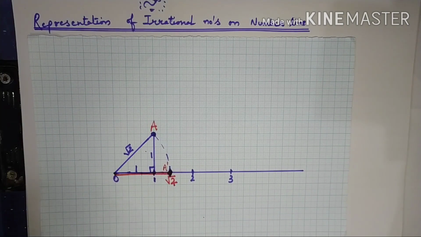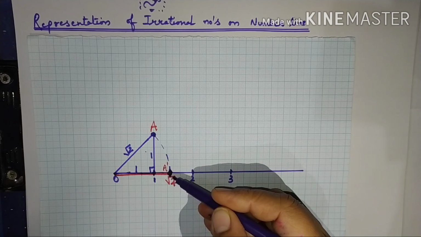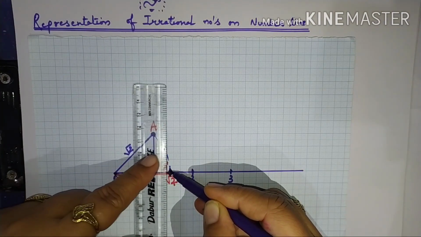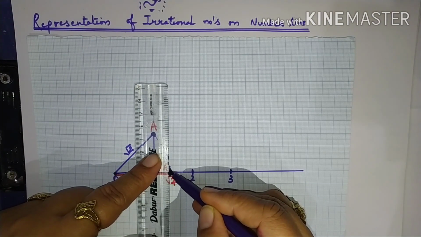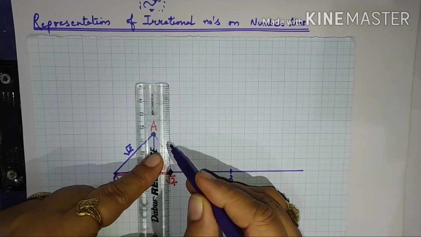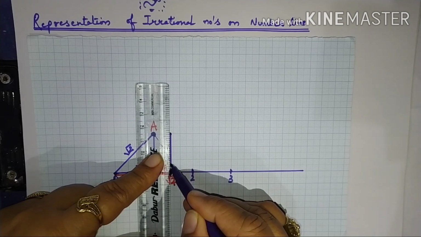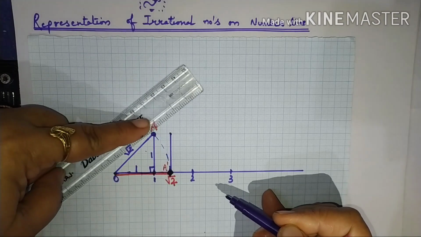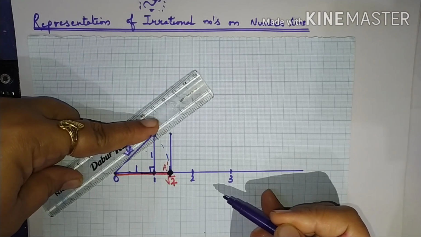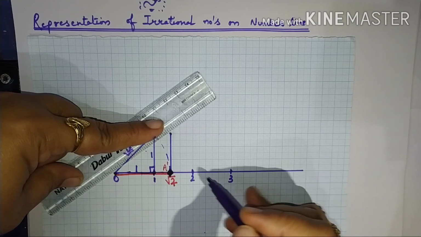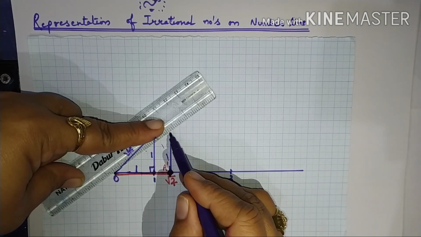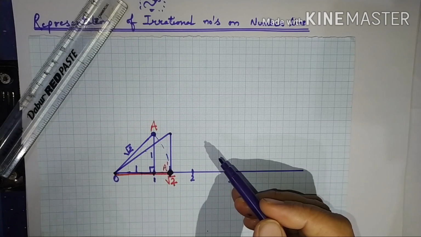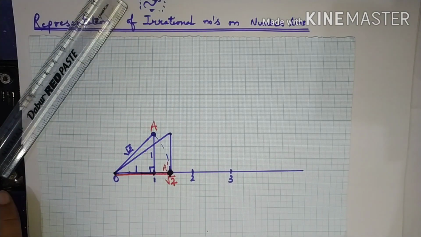From this point the perpendicular unit is 1, and this hypotenuse will be root 3.